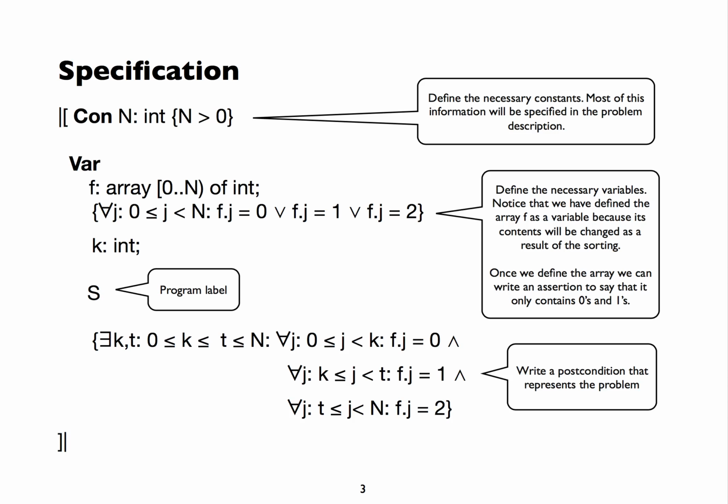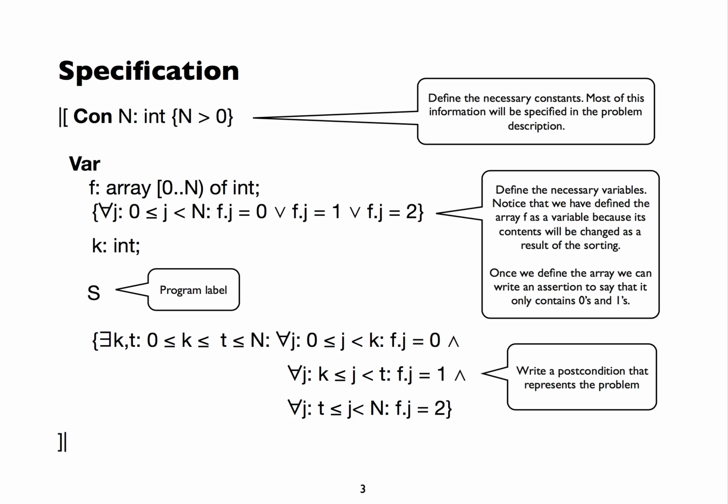Now in this case, we have been given an array that contains zeros, ones and twos, so it would make sense to assert that n is greater than 0. An empty array could not contain zeros, ones and twos, so we need to ensure that n is greater than 0.